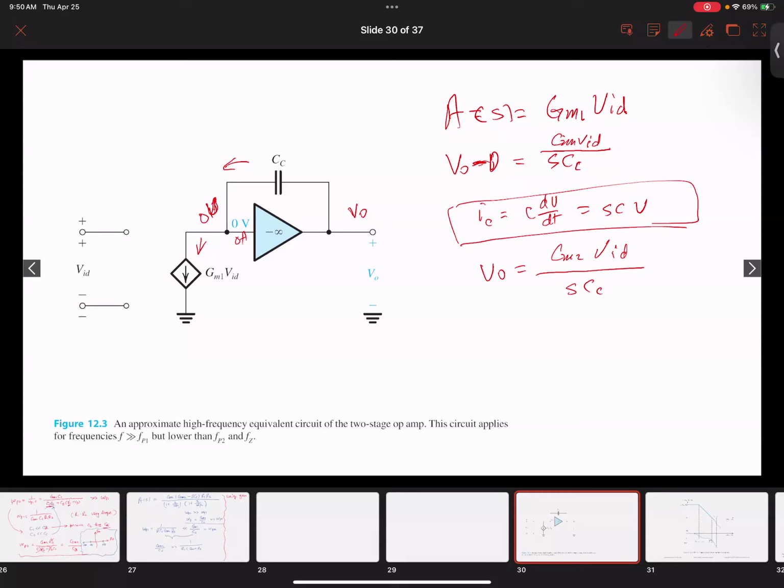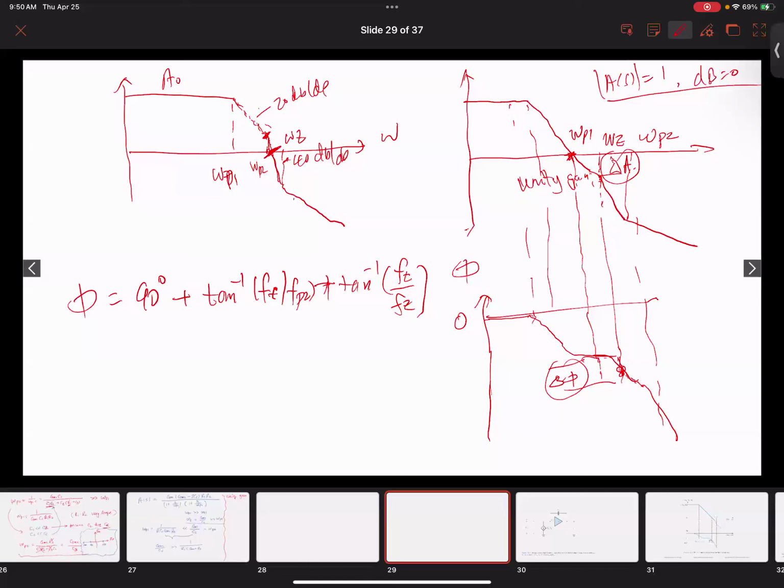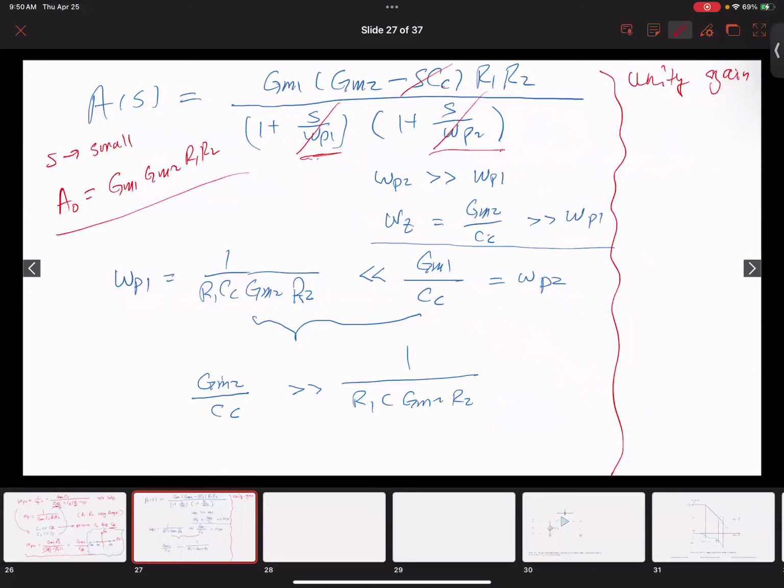And we got this equation because, if you remember from the previous slide, at very high frequency, A(S) equals simply, the first pole can be neglected, and the second pole, which plays the main part here, gives CC.